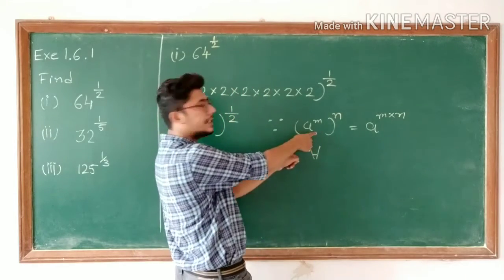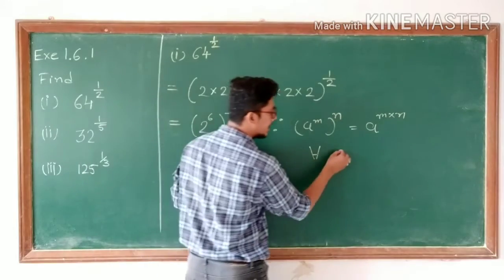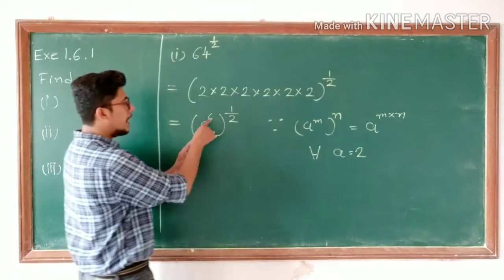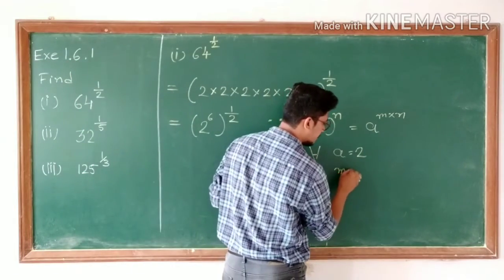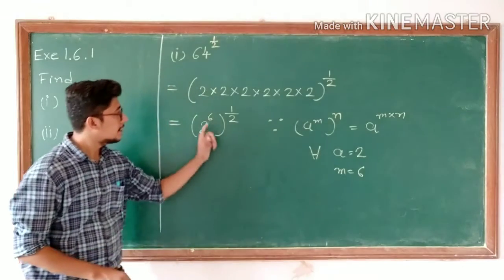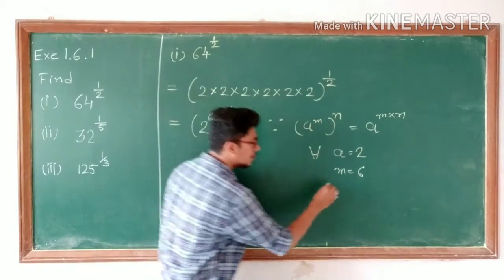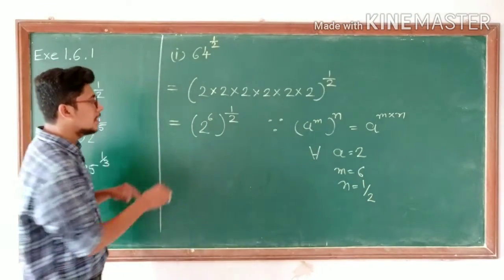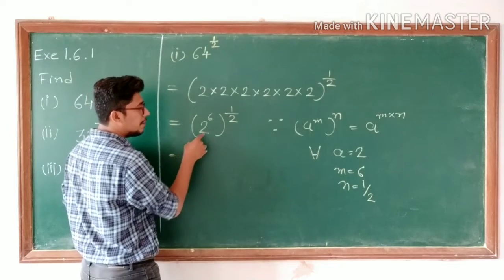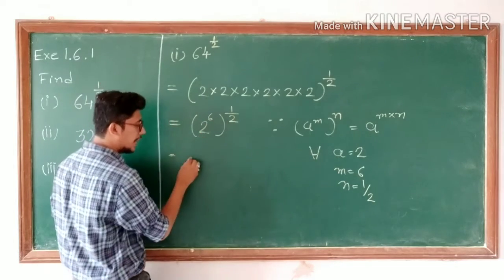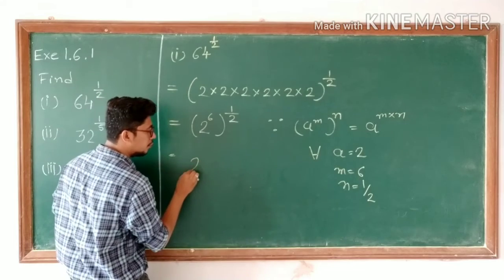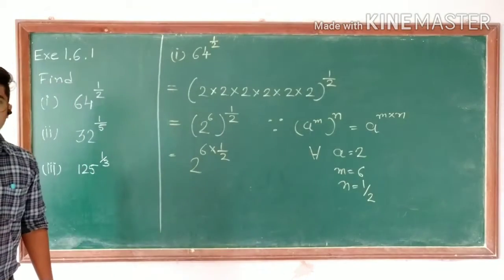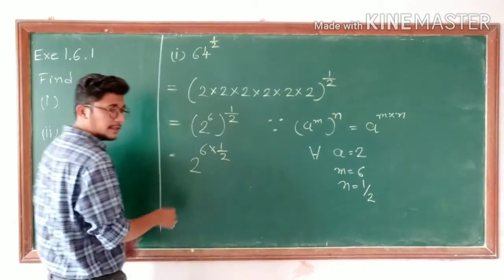If we compare this identity with this, we know that a is 2, m is 6, and n is 1 upon 2. So can we write 2 power of 6 to the whole power of 1 by 2 as 2 power 6 into 1 upon 2, from this identity? Yes, we can write like this.